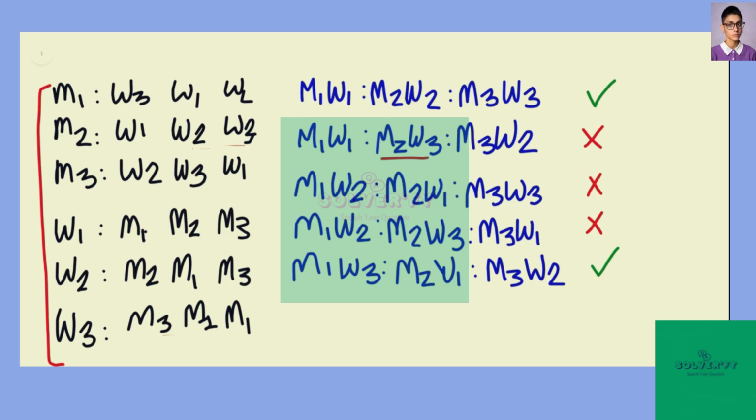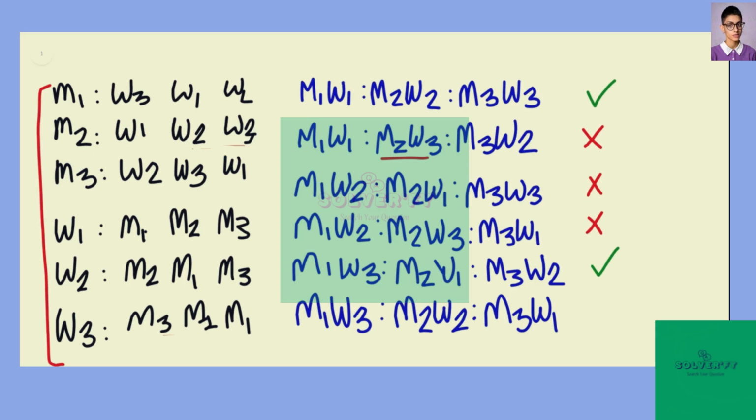All right, then we just have one last pair of male 1, woman 3, male 2, woman 2, and male 3, woman 1.